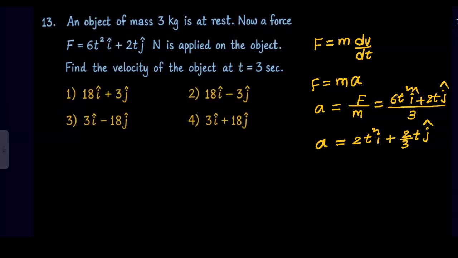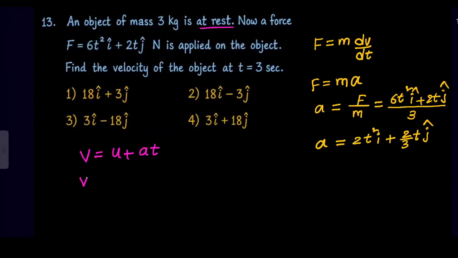This is what, tell me now? Acceleration. So we need to find the velocity at t equal to 3 seconds. They are saying that initially the body is at rest, which means the initial velocity is 0. Then we can use the final velocity formula: v is equal to u plus at.